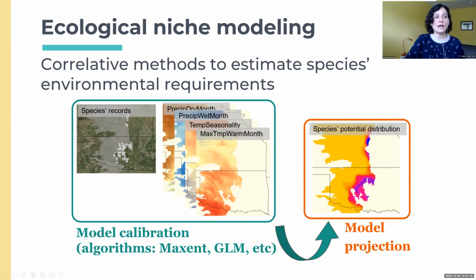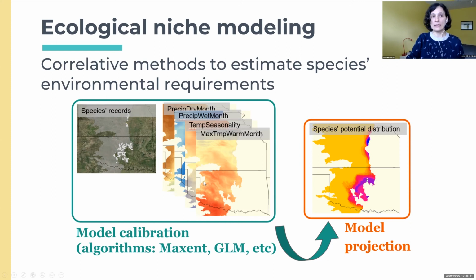So we have these two types of data inputs that allow us to calibrate a model that estimates the requirements of the species, the requirements that allow the species to be present at these locations. So with ecological niche modeling, with presence data and environmental data, we try to estimate the abiotic conditions or estimate the niche that is suitable for that species.